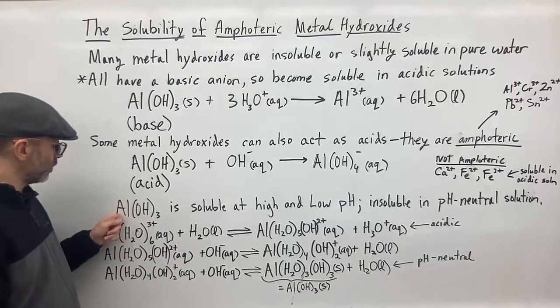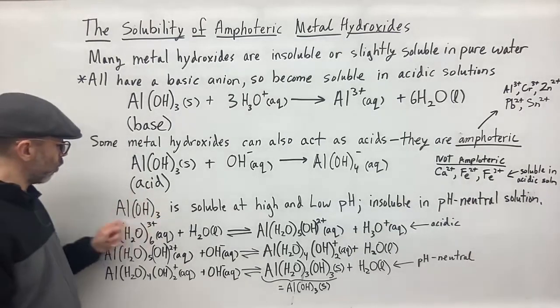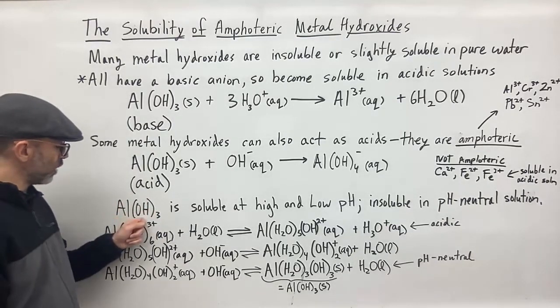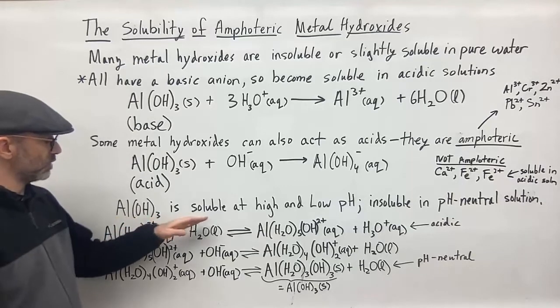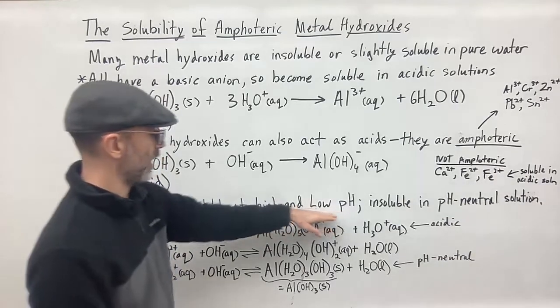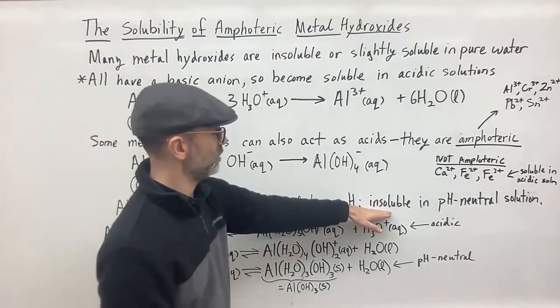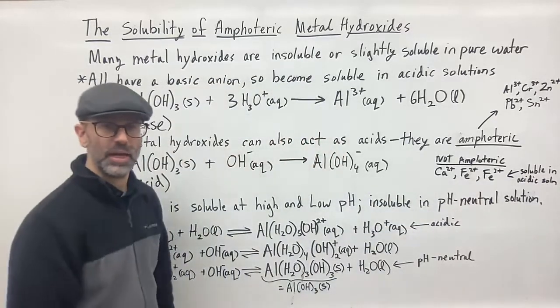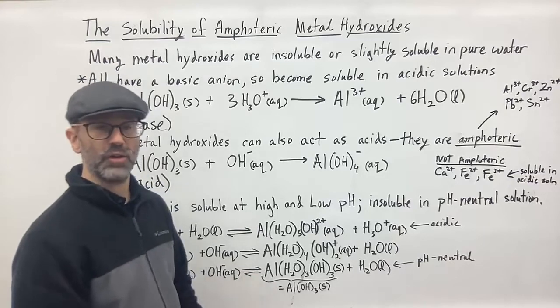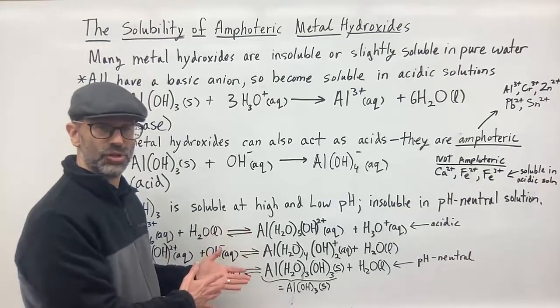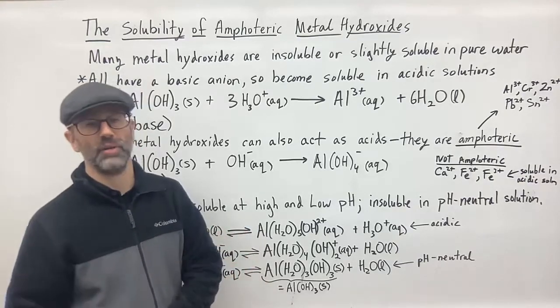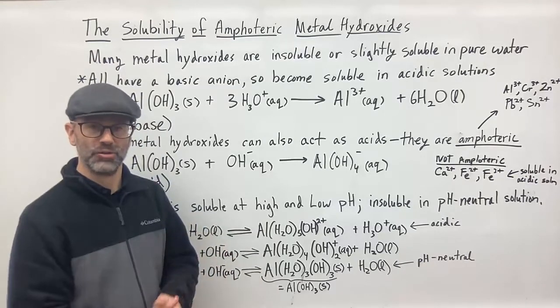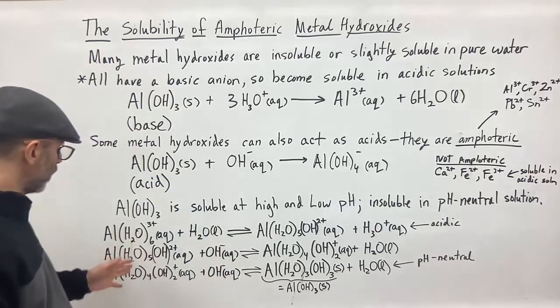So it has a 3+ charge on it, so it'll form the aluminum hydroxide. So this is going to be soluble at high and low pHs, but it's insoluble at neutral pH. So if it's neutral pH, it won't dissolve. It'll dissolve in an acidic solution, and it'll dissolve in a basic solution, but not at neutral pH. So we can follow that along here.